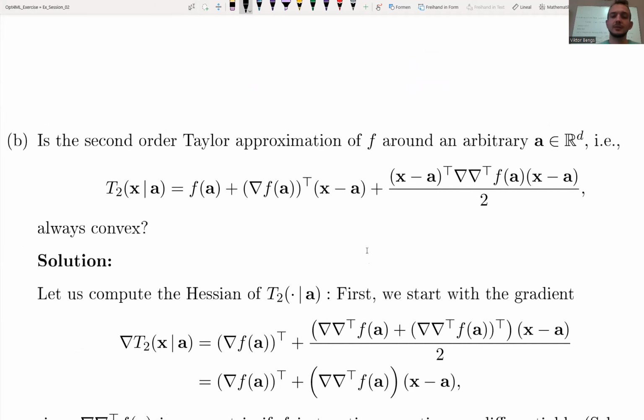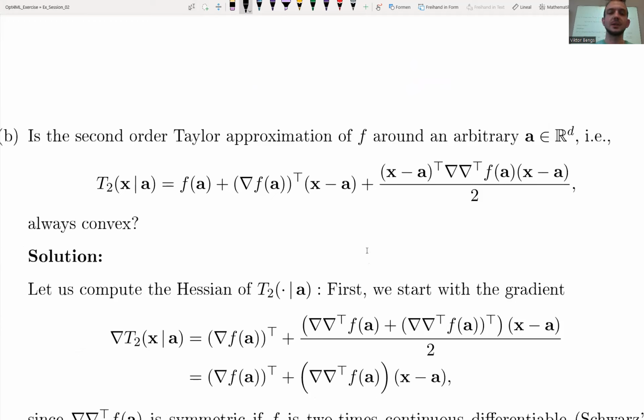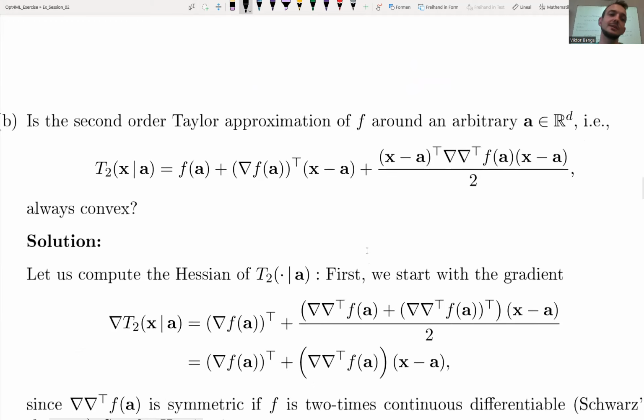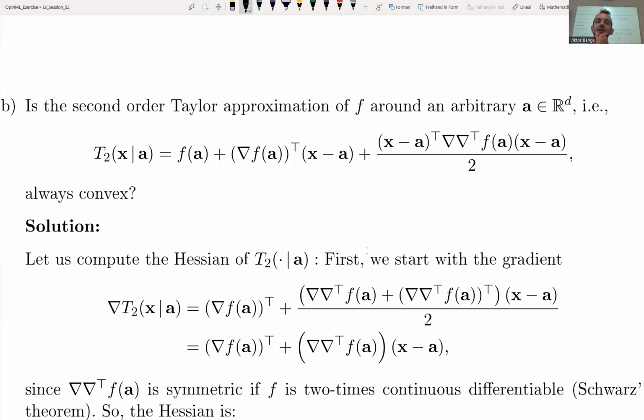All right, then we can ask the same question, of course, for other orders of the Taylor approximation, and we will be in particular interested in the second order Taylor approximation. Is this always convex? But if this is already stated as a question, it seems that this is not always the case. Let's see.